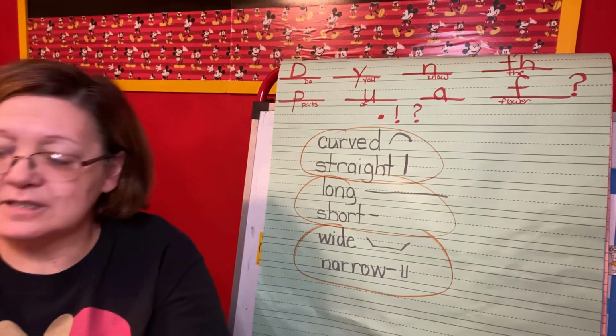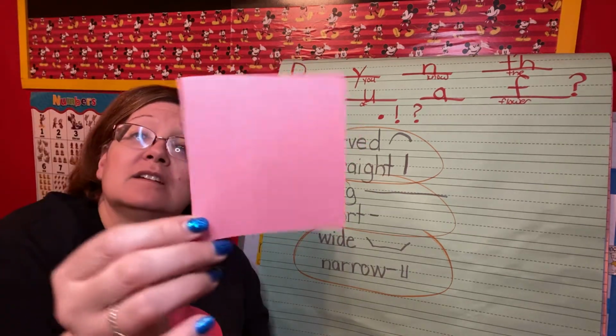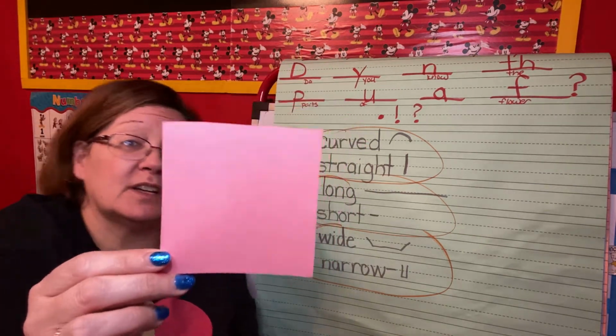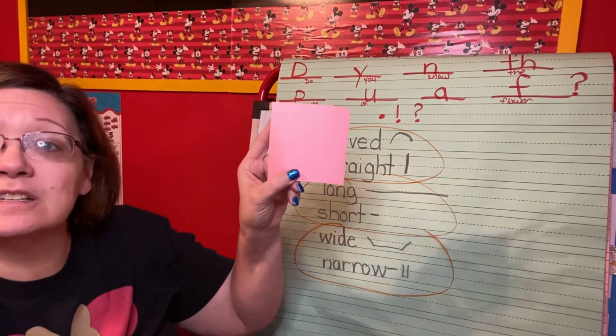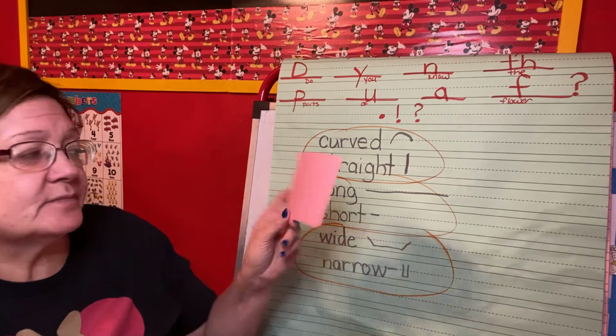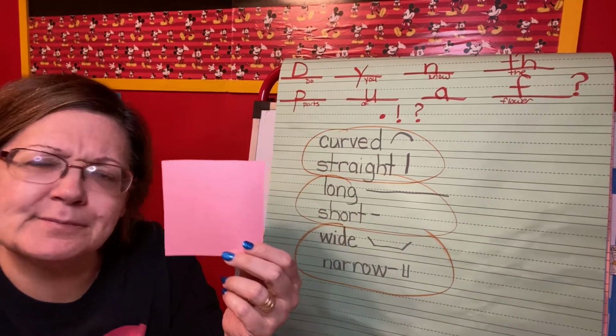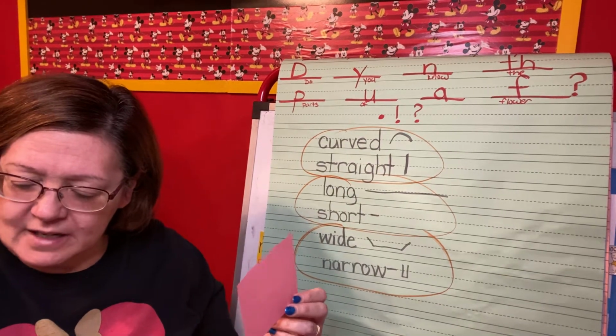What about this? What shape is this? A square. Good. Now, would you say it has curved or straight lines? Straight. Good. Is it long or short? Well, is it as long as the rectangle?